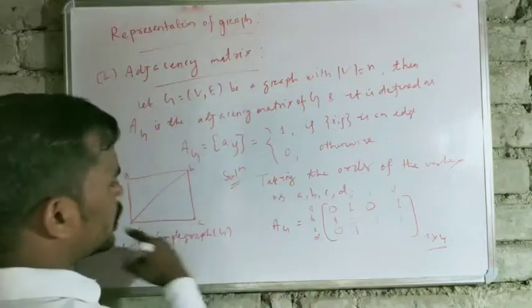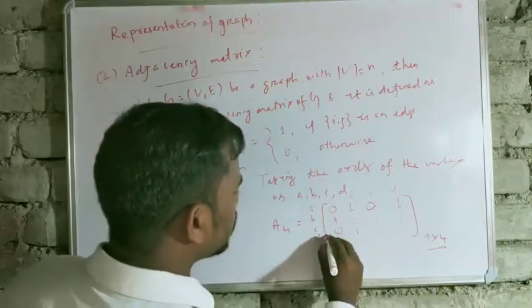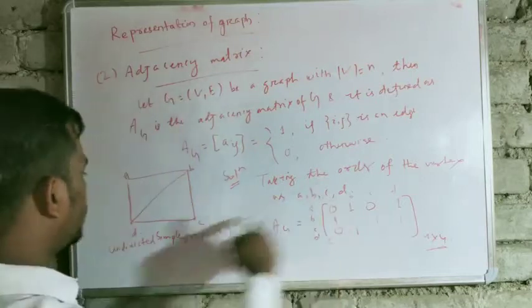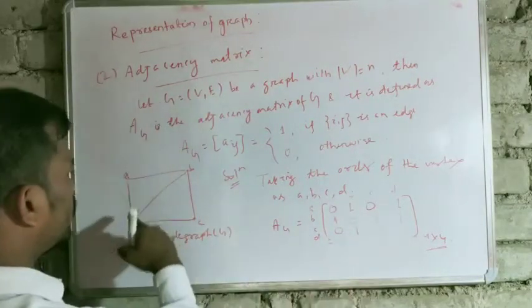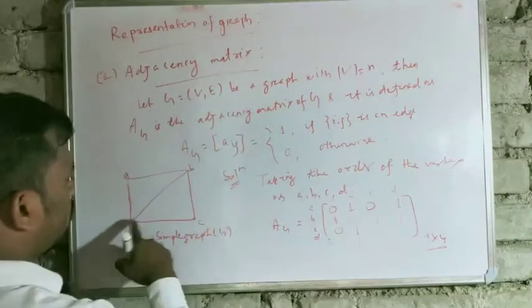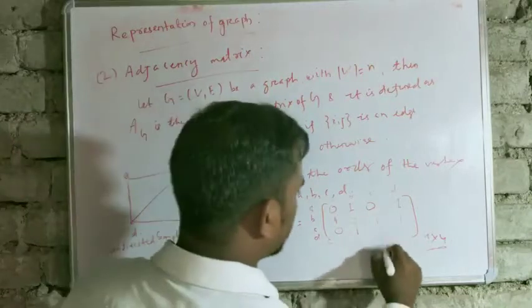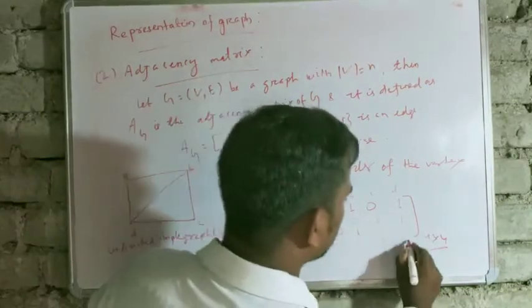And C to D, this is 1. And the last row is for D. D to A, there is an edge. And D to B, an edge is there. And D to C, an edge is there. And D to D, no edge, because no loop is there. This is 0.